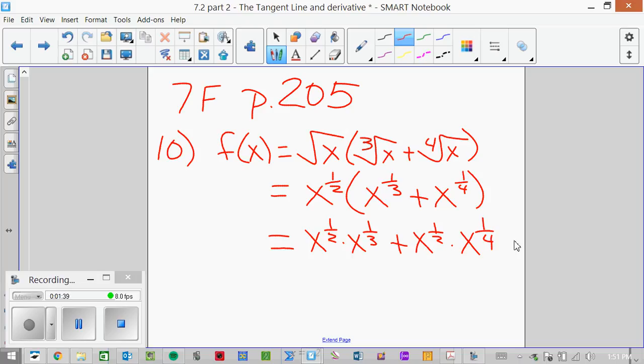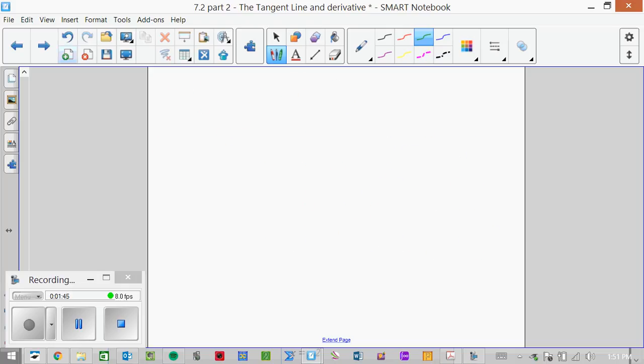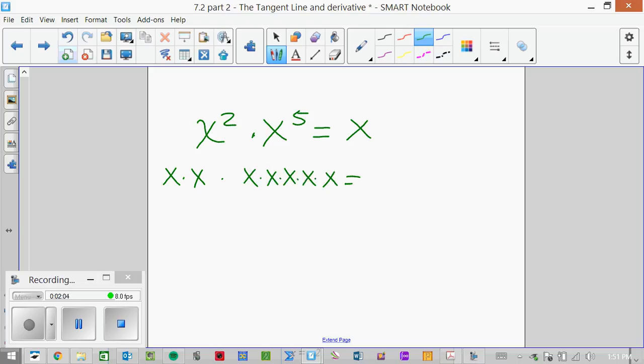All right, so let's review some properties of exponents, okay? If we have x squared times x to the 5th, what does that equal? No! There are 2 of these. Now there are 5 of these. How many total are there? 7.